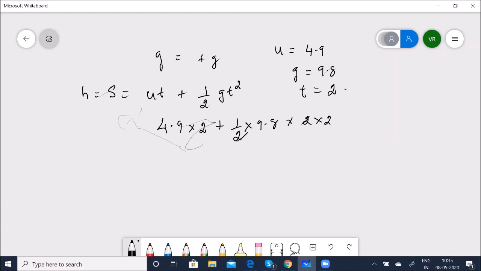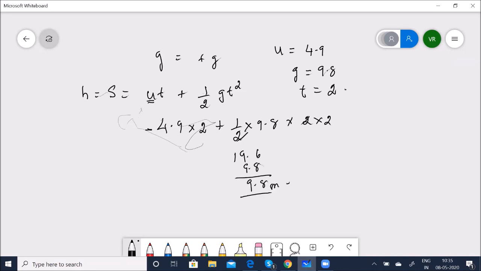You have to be careful while solving this. Here we take u to be negative. So it is 19.6 minus 9.8, which is equal to 9.8 meters.